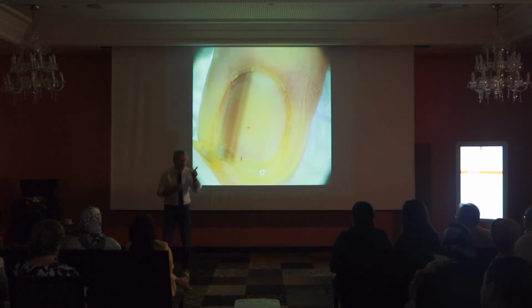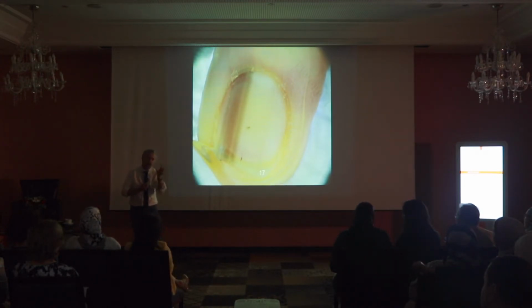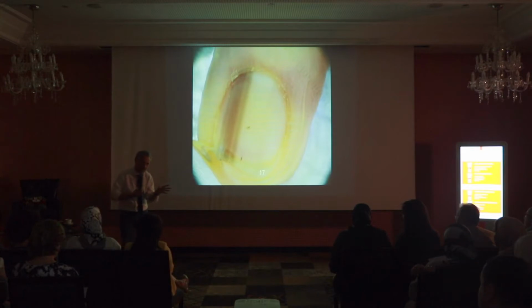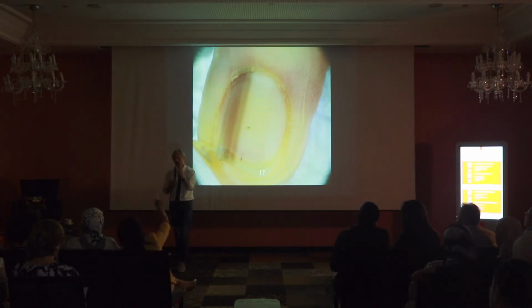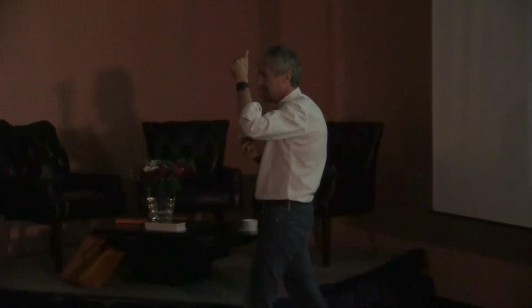Second criterion, the size of the lesion. If it's not more than 1/3 of the nail plate, we are still possibly on the nevus side. Okay? And third, the regularity of the band. Okay? And this is quite regular. But this is, in my view, the 2 most important ones are the age and the size.